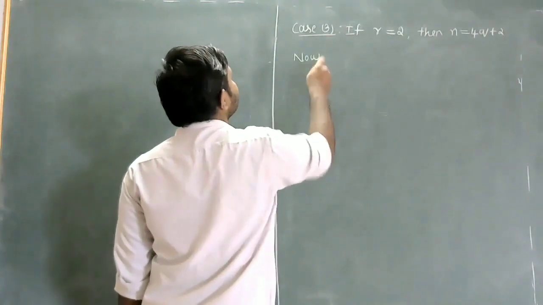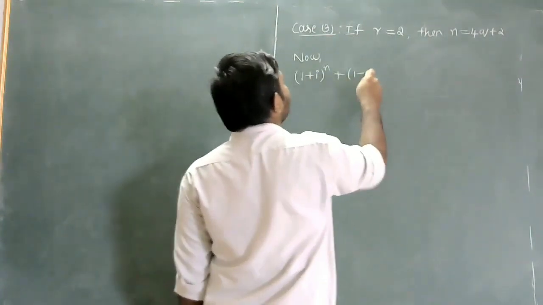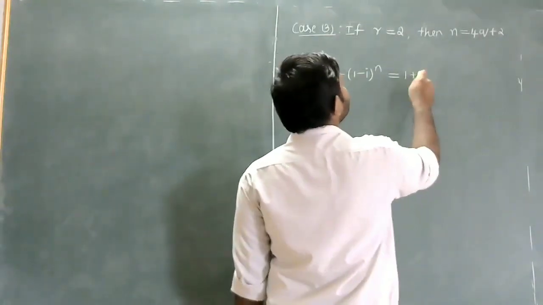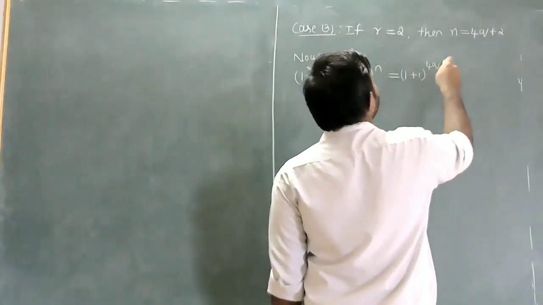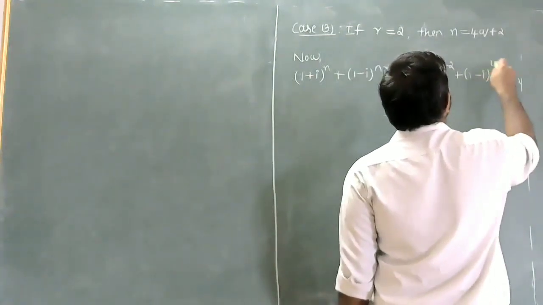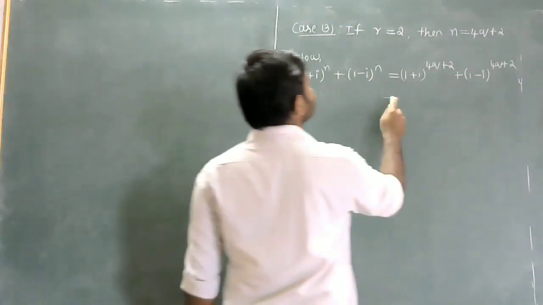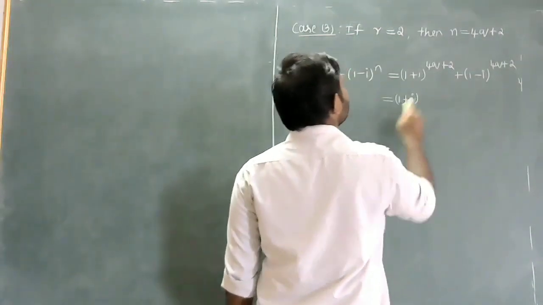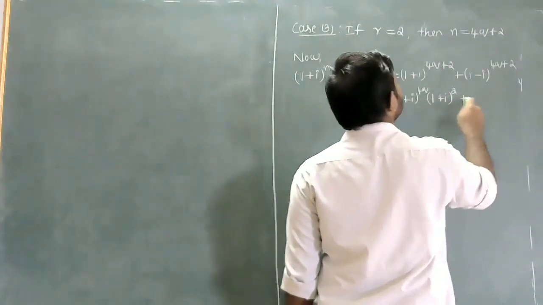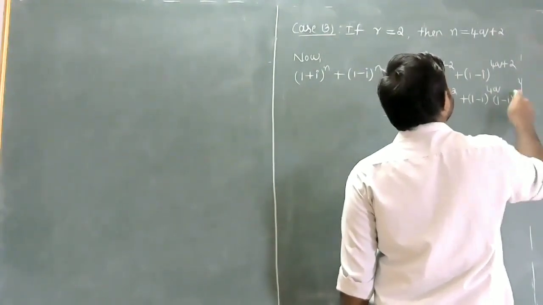In this case (1 plus i)^n plus (1 minus i)^n will be (1 plus i)^(4q plus 2) plus (1 minus i)^(4q plus 2), which is equal to (1 plus i)^(4q) into (1 plus i)^2, once again (1 minus i)^(4q) into (1 minus i)^2.